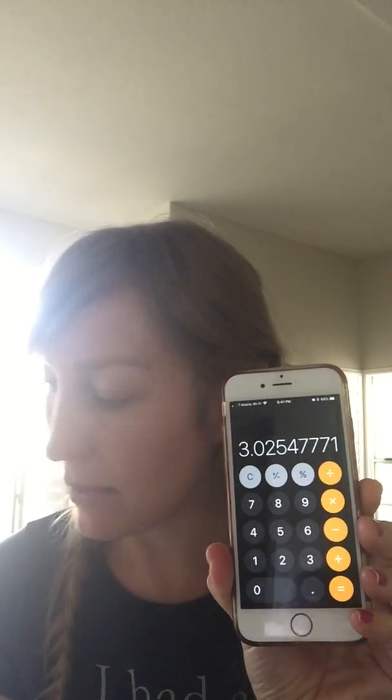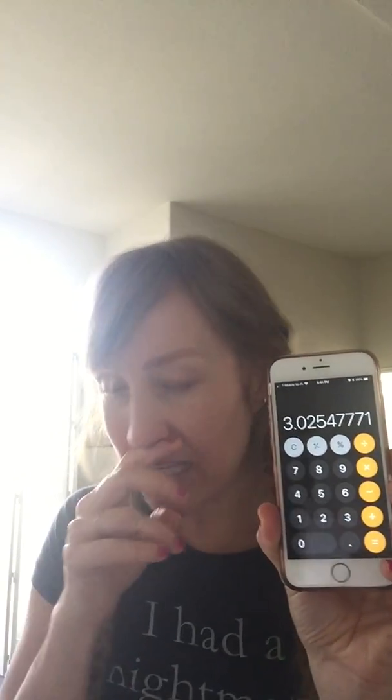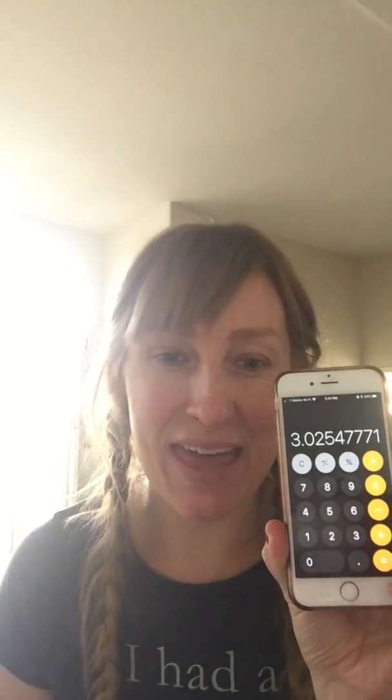And our circumference is 19 over 6.28, and we get that lucky number. So I'm just going to round it down to 3. So let's take 3 instead of all of those long numbers to make our math a little more simple. So our radius is 3.